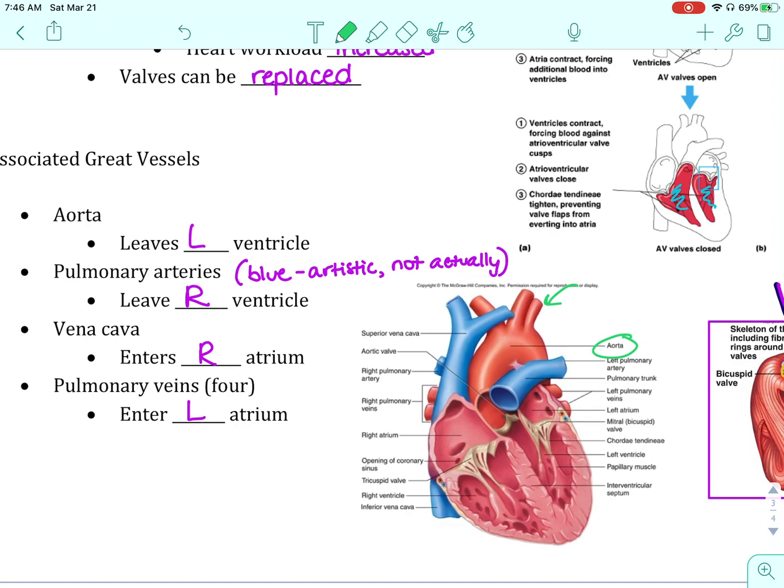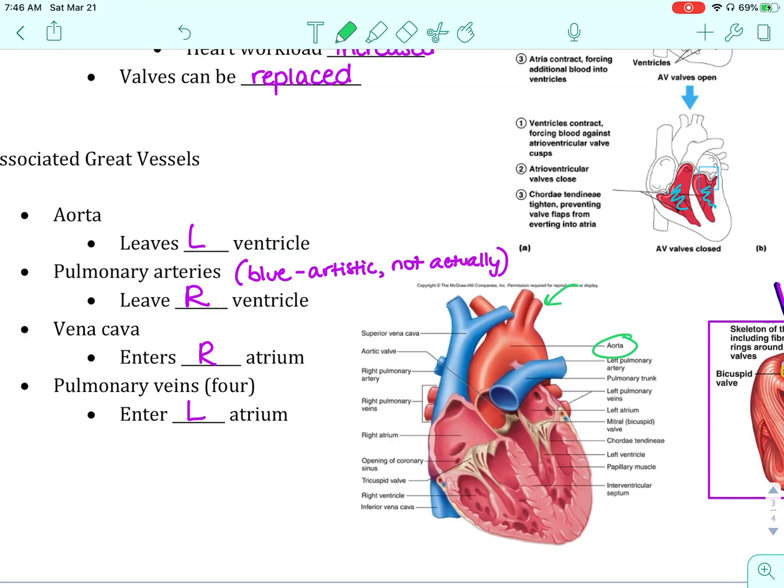The vena cavas, superior and inferior, enter the right atrium, carrying deoxygenated blood from the body through the veins. There are also pulmonary veins, which enter the left atrium and carry oxygenated blood from the lungs, and there are four of them.